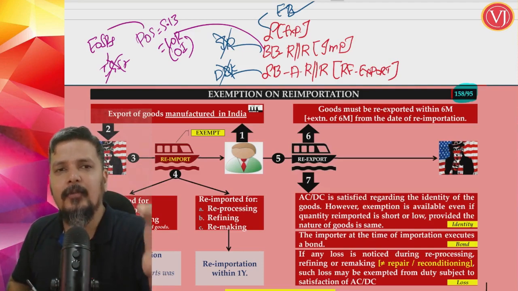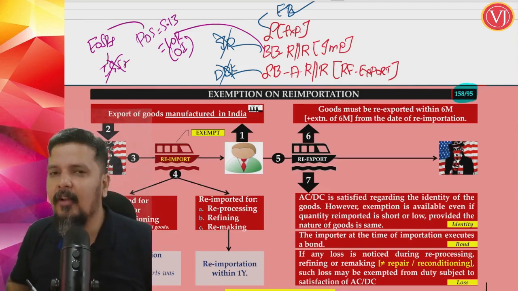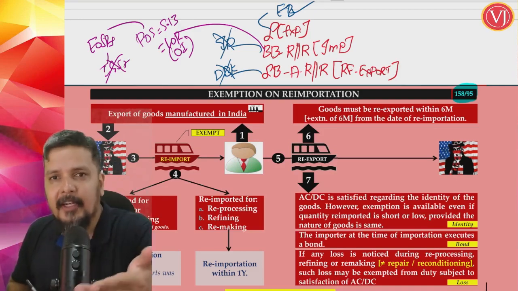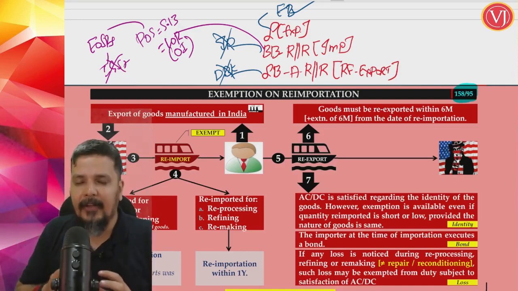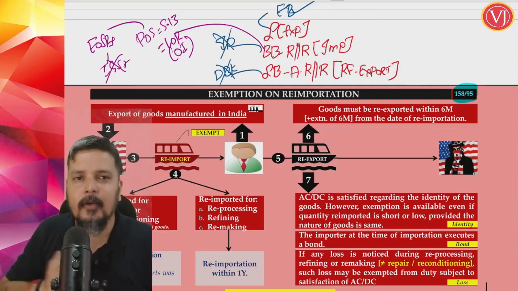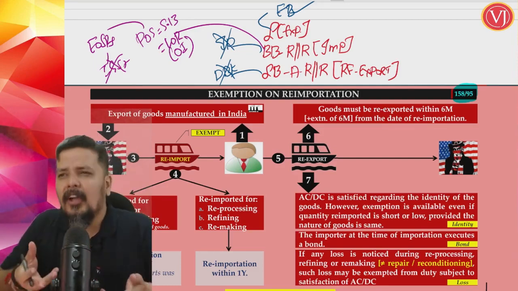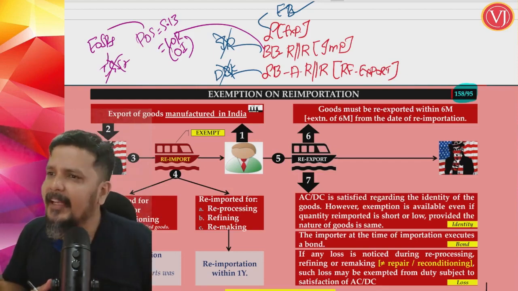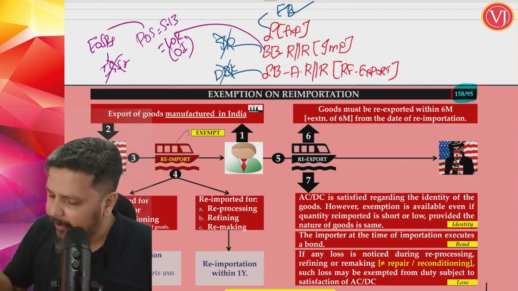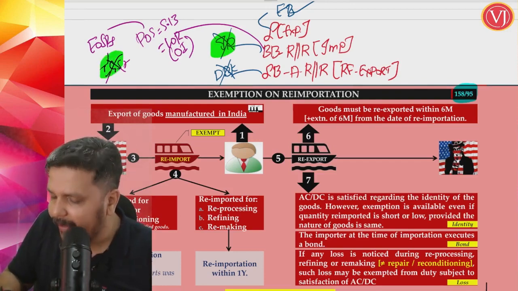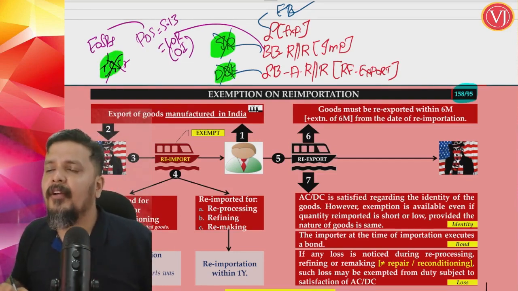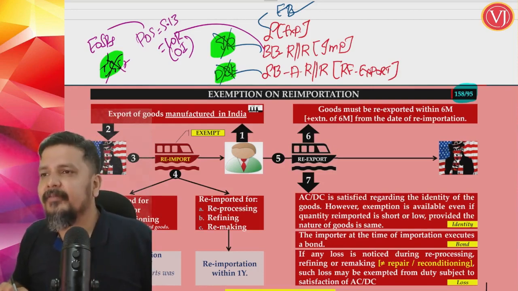Ditto the same situation was there in your section 13. Copy paste, same situation. You have exported it, now bring it back for doing some repairs or remanufacturing. You do your work and send it back. If at all you pay any duty in India, again at the time of export you will be taking the benefit. So don't pay import duty, don't pay GST, no question of duty drawback, no question of refund in GST.